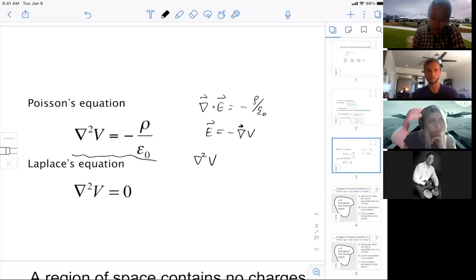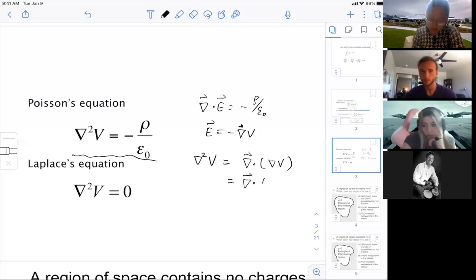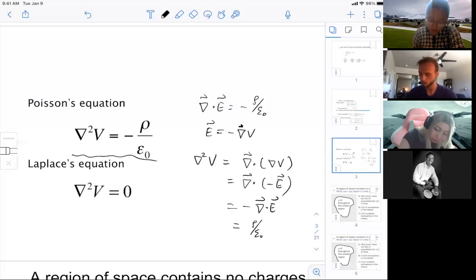So the Laplacian of V is the divergence of the gradient of V, which is how a Laplacian is defined. And the gradient of V is negative E, so it's going to be negative the divergence of E, which is negative rho over epsilon naught. I'm sorry, I was missing a negative sign there. So that's where your Poisson equation comes from.